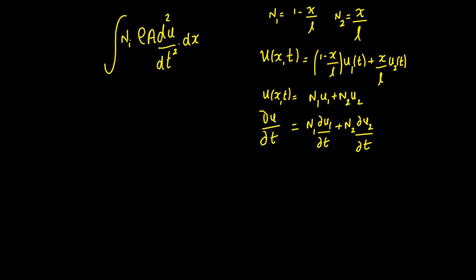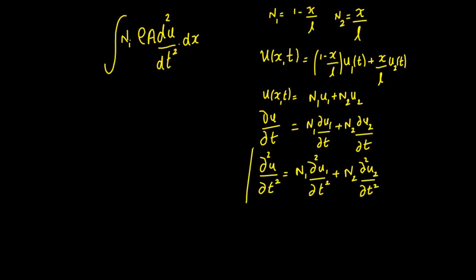I can find dou square u over dou t square. That is simple. It is N1 into dou square u1 over dou t square plus N2 into dou square u2 over dou t square. All right. Now I have the expression for dou squared u over dou t squared.